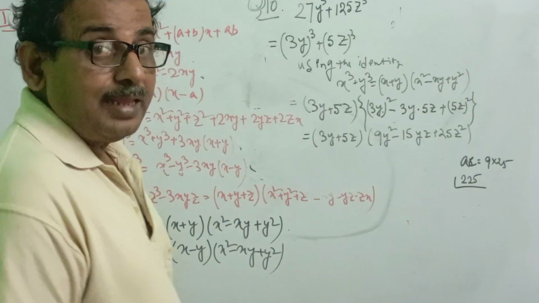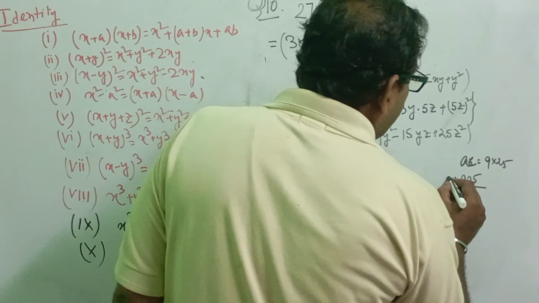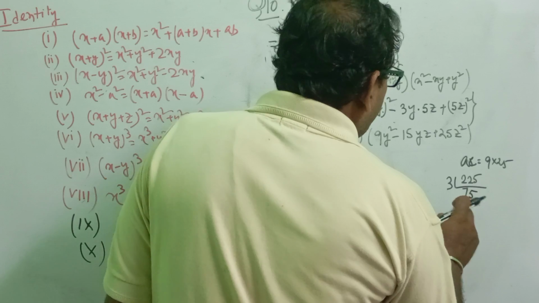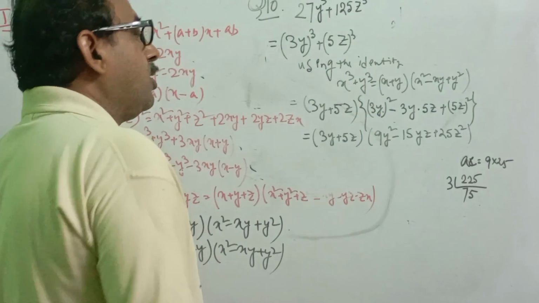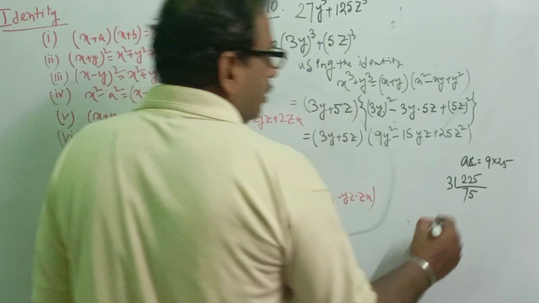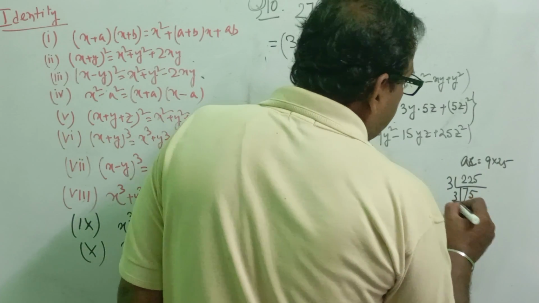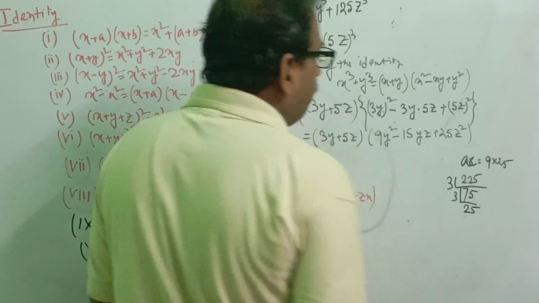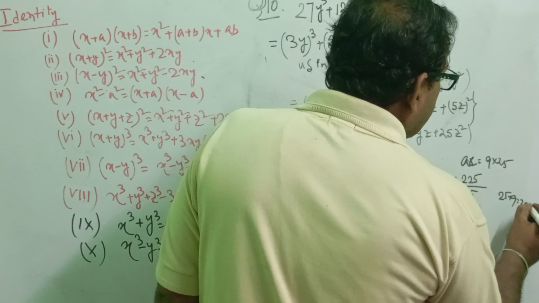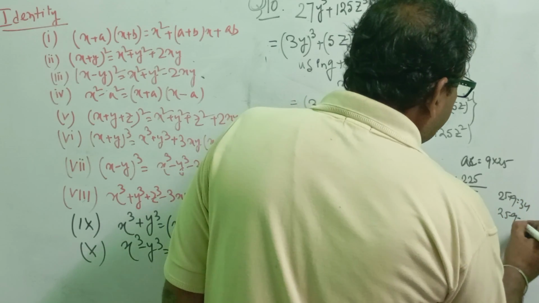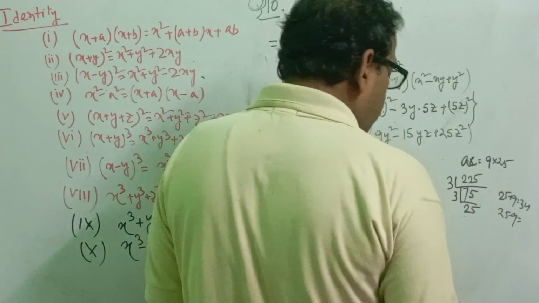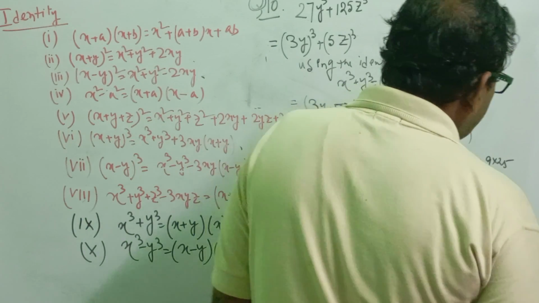So we have to make the factors, that is 3 and 75. Now 75 plus 3 never comes to 15, and 75 minus 3 also never comes to 15. Then we go through 9 and 25. Now 25 plus 9 is 34, and 25 minus 9 is 16.